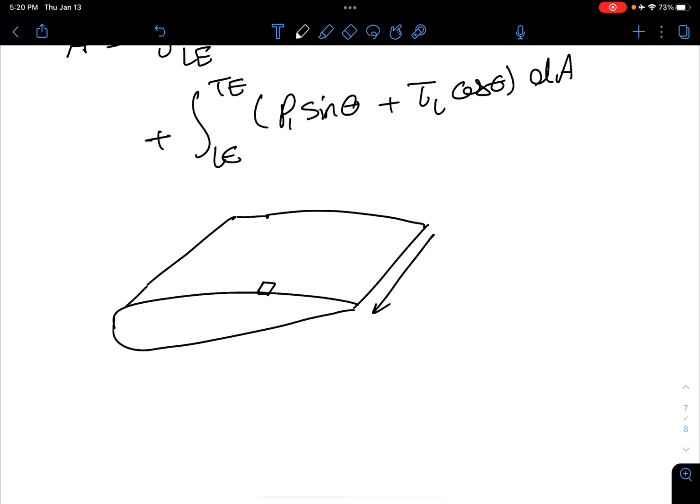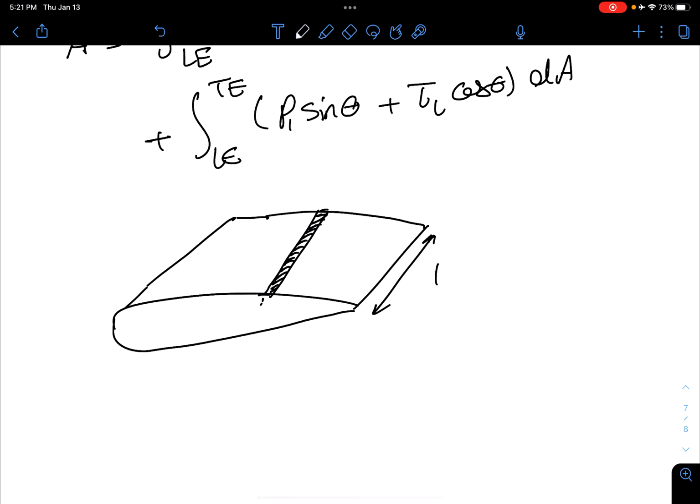So we are going to assume that this depth is 1. And your dA is going to look like this element of area, which is going to be a small element of this length we are going to call ds.